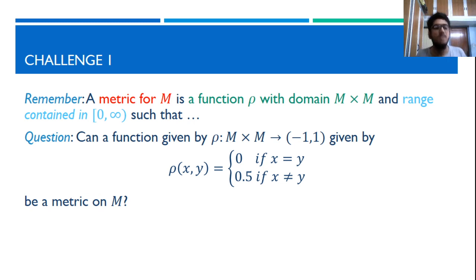So to begin with, the first challenge. Earlier I told you a metric for M is a function rho with domain M cross M and range contained in the closed interval 0 comma infinity. So the first question goes this way. Can a function rho from M cross M to the open interval minus 1 comma 1, given by rho of (x, y) equal to 0 if x is equal to y, and 0.5 if x is not equal to y, be a metric on M?